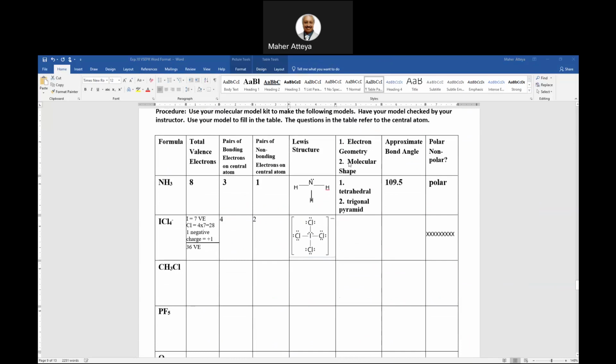So electron geometry number 1 is octahedral.